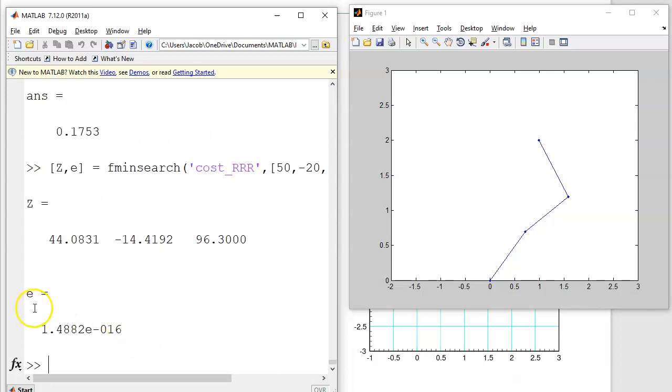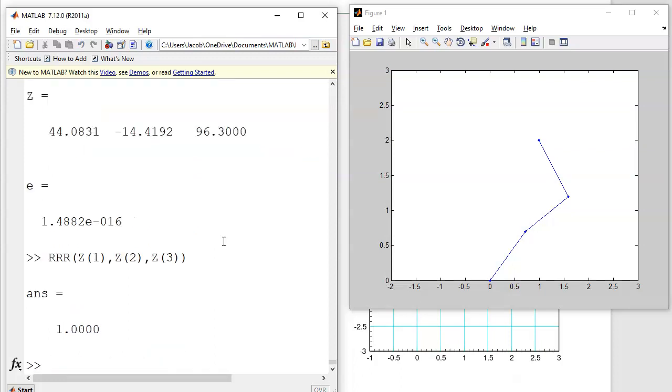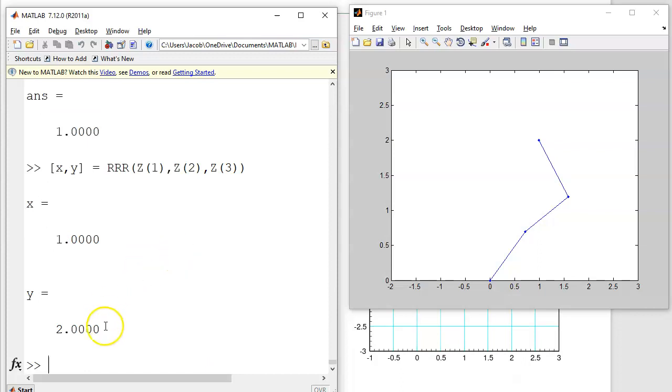And it says, these are the angles that get you there, 44.08 degrees, minus 14.41 degrees, 96.3 degrees, and I can check that answer. That puts me at 1, 2. Sure enough.